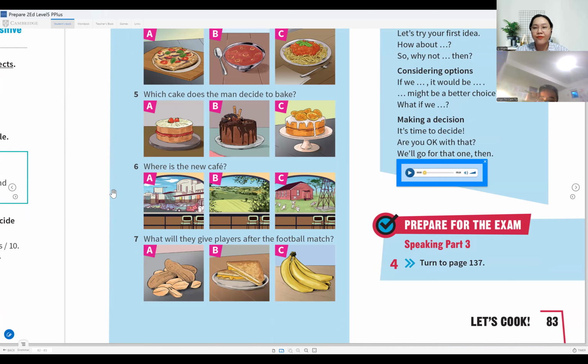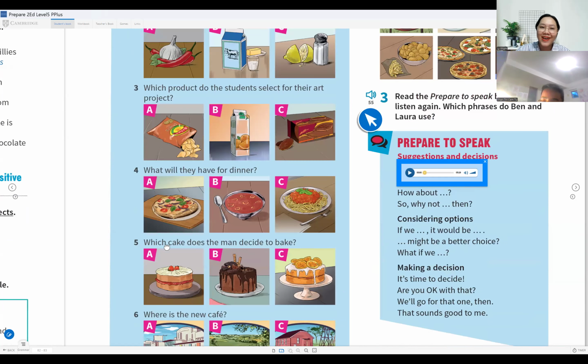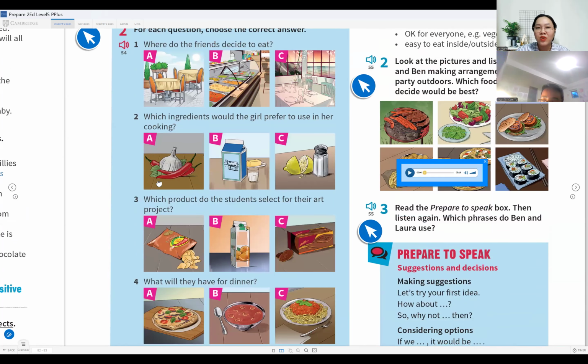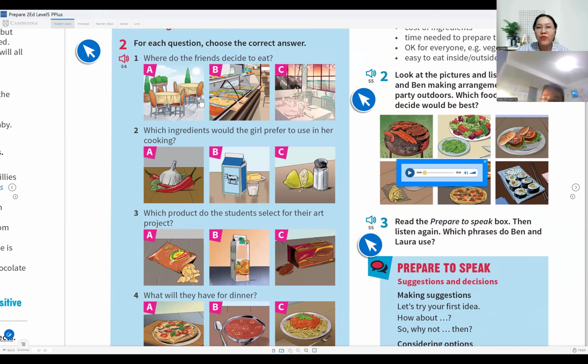Where's the new cafe? And what will they give players after the football match? I'm sure that in the recording, you will hear all three options, but be careful with the information in the task, which means in the question, and then find out the correct answer.